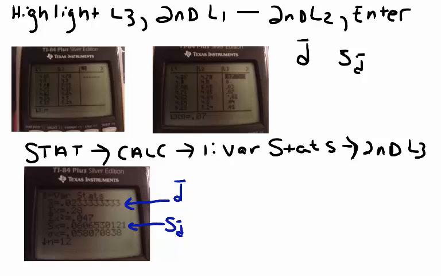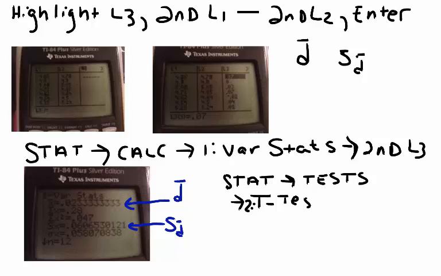Now to perform our hypothesis test, we'll press the Stat button, arrow right to Tests, and because we're using a t distribution, we'll go to option 2, which is the T-Test. At the top, you'll highlight Data and press Enter.